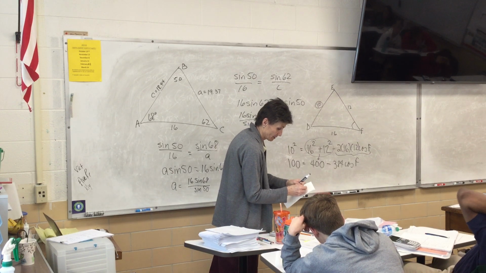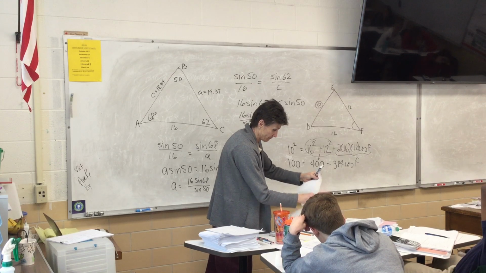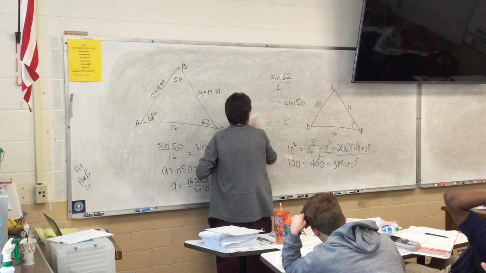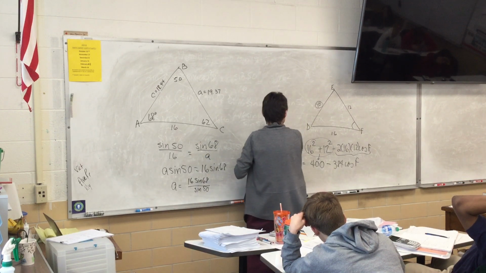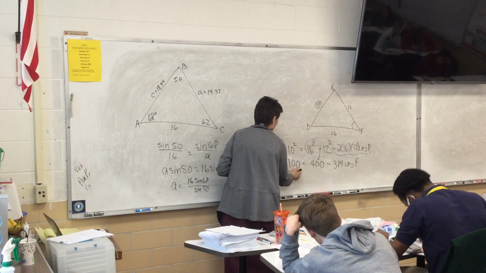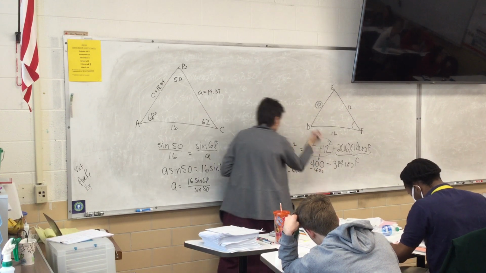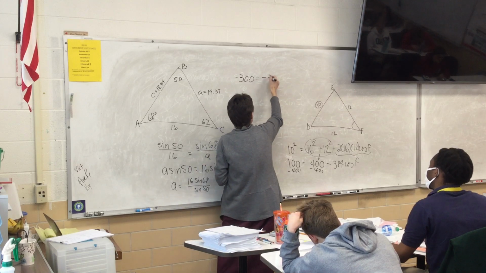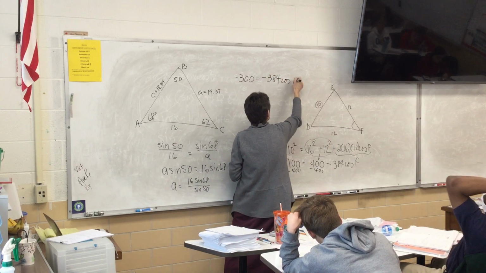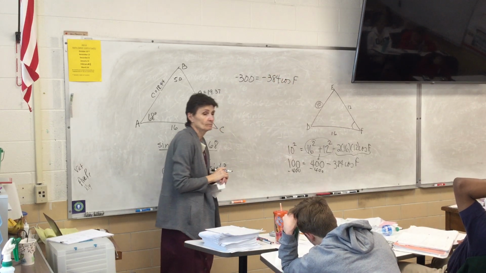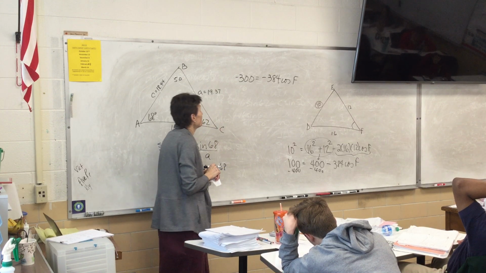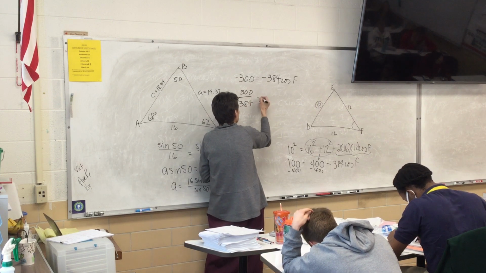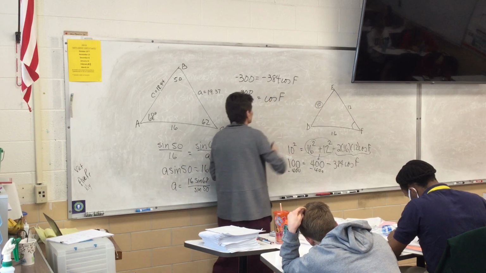So I'm going to subtract 400 from both sides. So negative 300 equals negative 384 cosine F. And then I'll divide the 384 over, and the negative's actually going to cancel out.